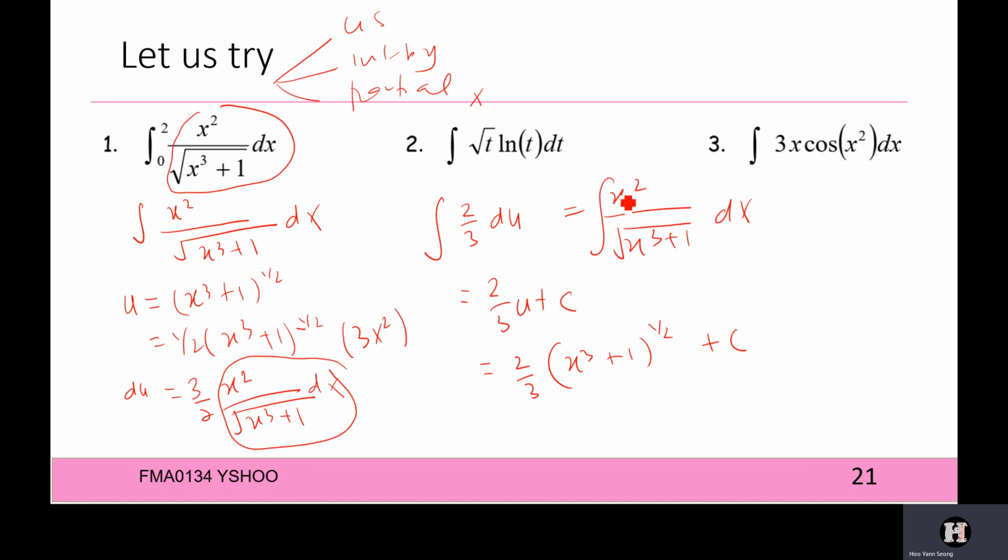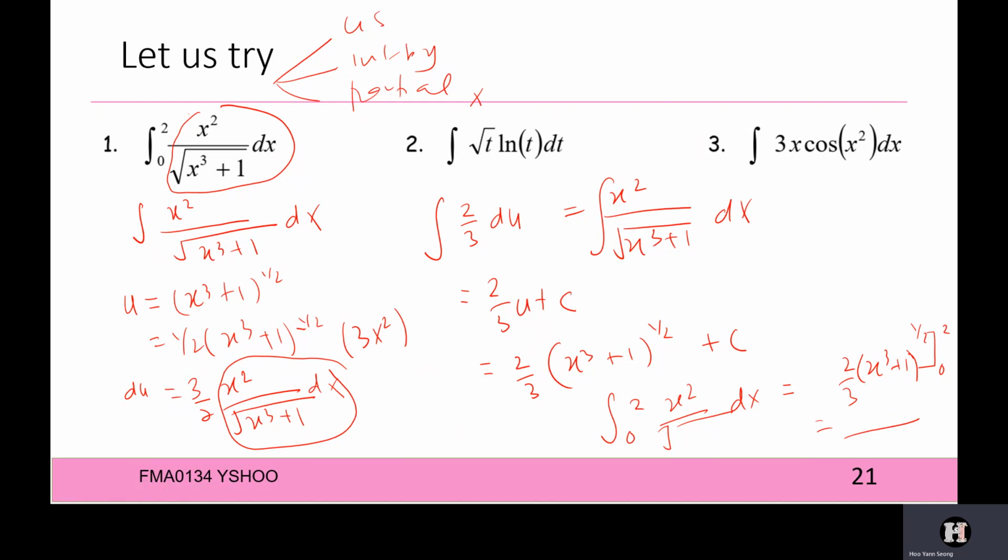So you integrate from 0 to 2. Your answer is 2 over 3 times x cubed plus 1 to the power of 1 over 2, with limits 0 to 2. This is one way.